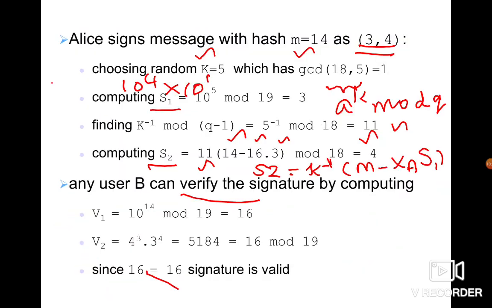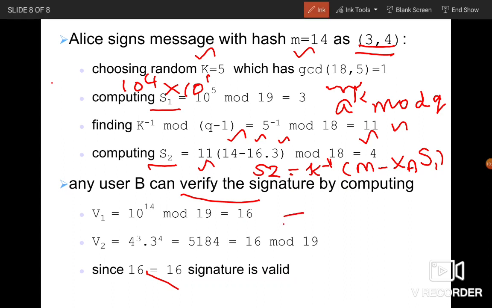Okay, so apply the formula. V1 is a power m modulus q. So a is 10 and m is 14, modulus q is 19.